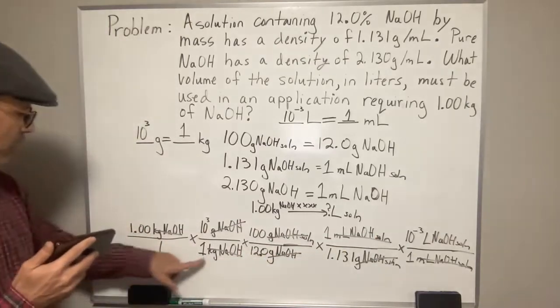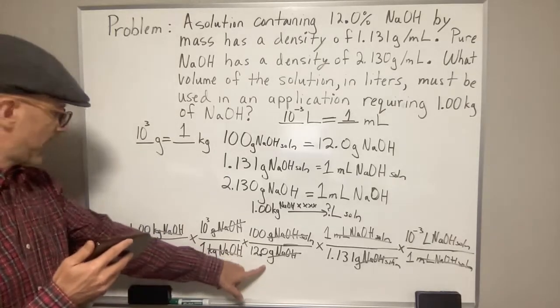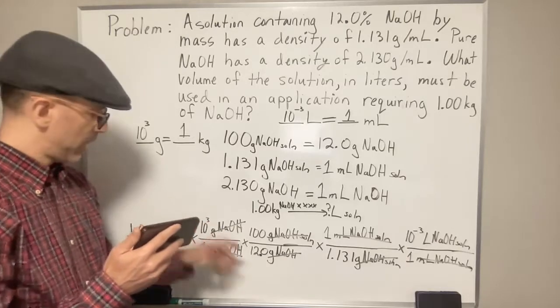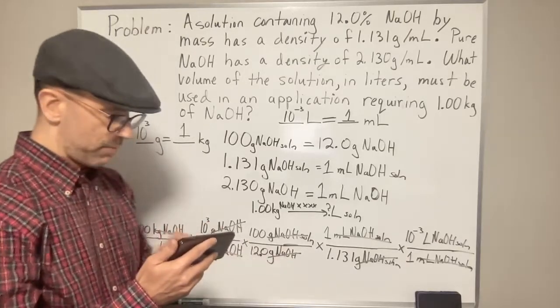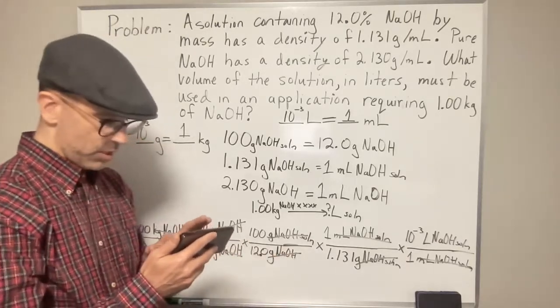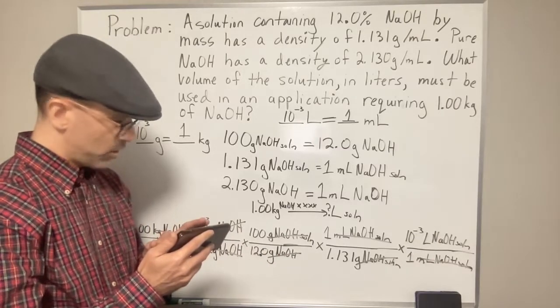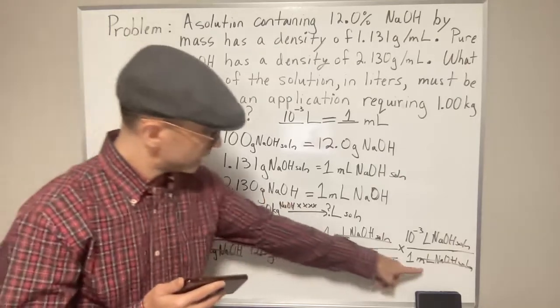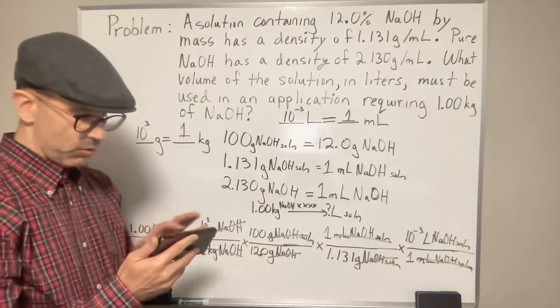Now I'm going to divide by everything on the bottom. So I'm going to divide by 12. And then I'm going to divide by 1.131. And then that's it. I'm not going to divide by that. So it equals.